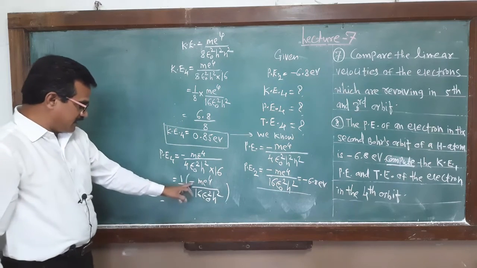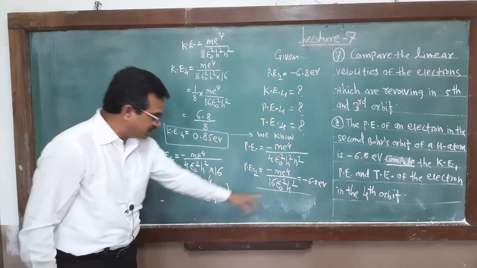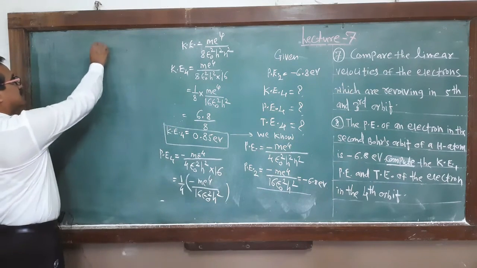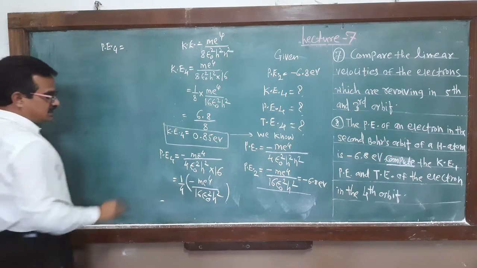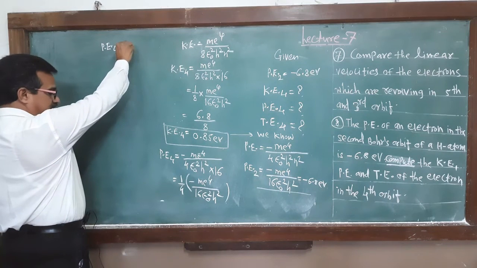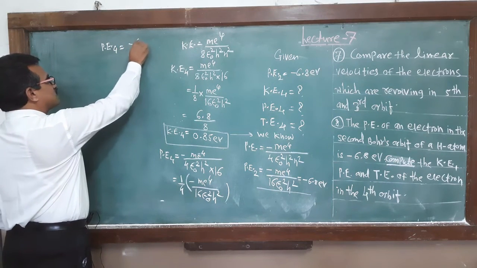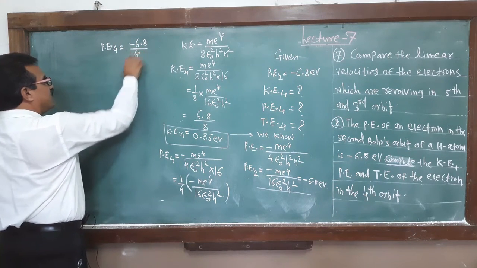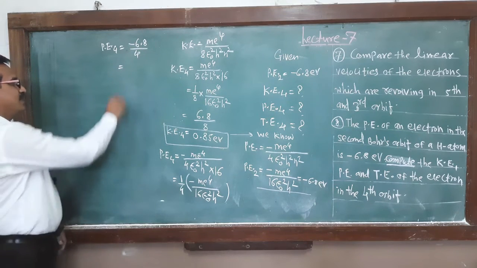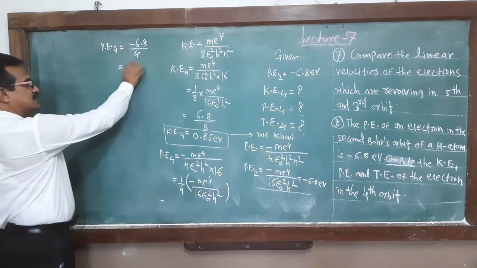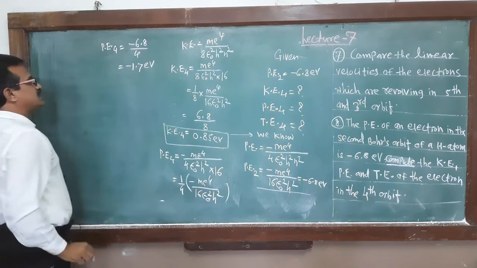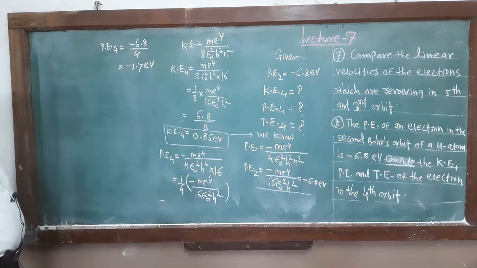And what is the value of minus m e raised to 4 over 16 epsilon 0 square h square? Minus 6.8. It means the potential energy in the fourth orbit is equal to minus 6.8 divided by 4, which is minus 1.7 electron volt. This is the value.